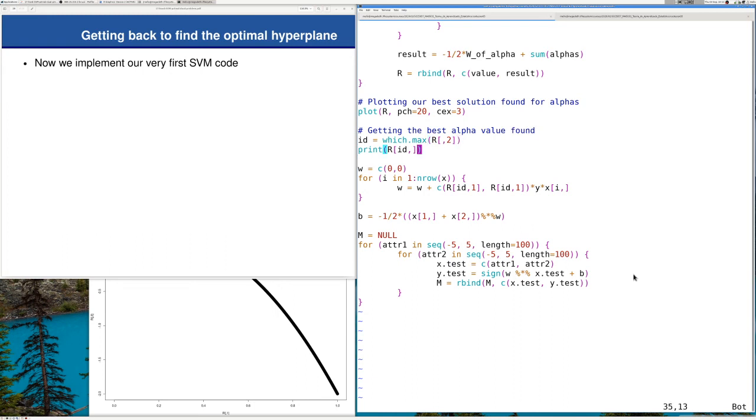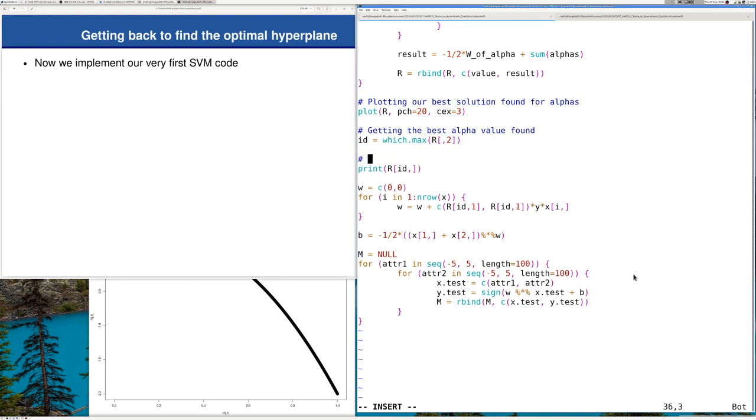Here we are printing the alpha value, to be more precise, and of course the maximization of our optimization function, or objective function if you prefer, or our goal.